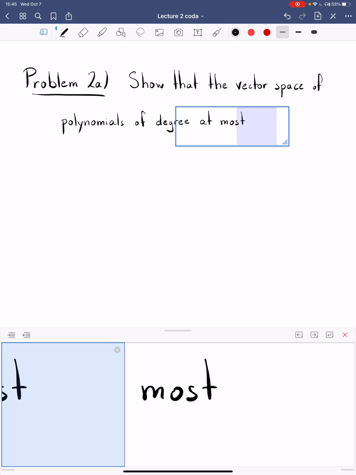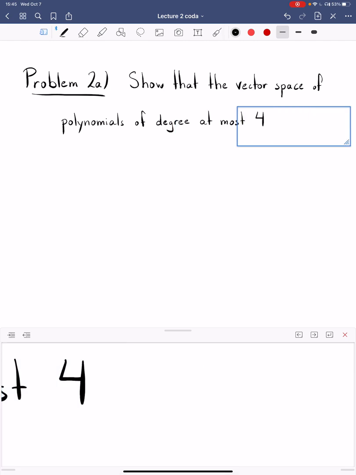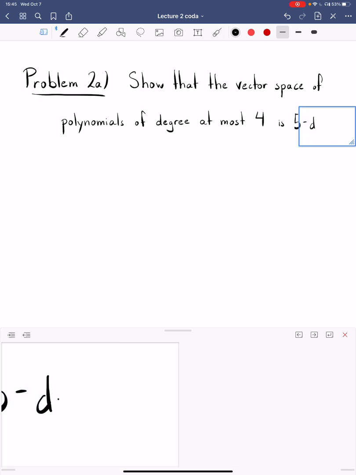Or maybe it says a different number, I forget what number is chosen. Close enough.